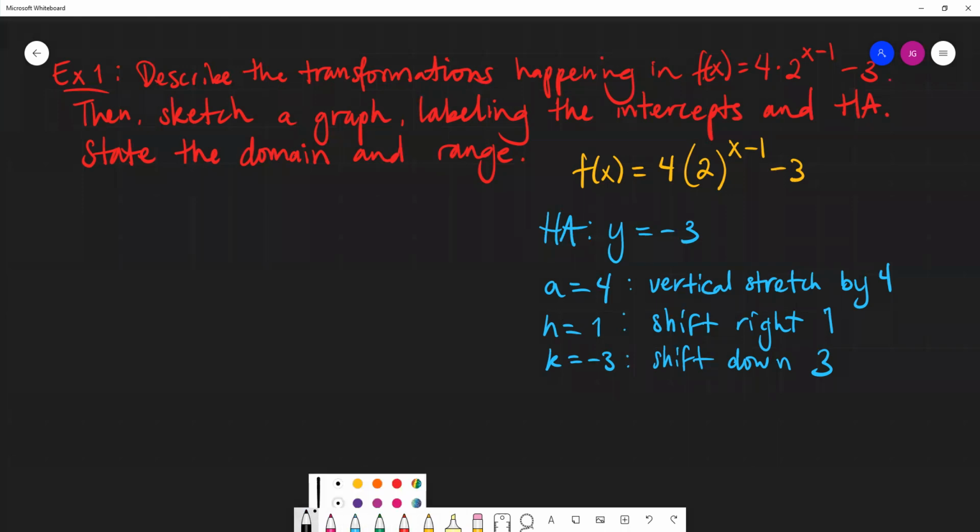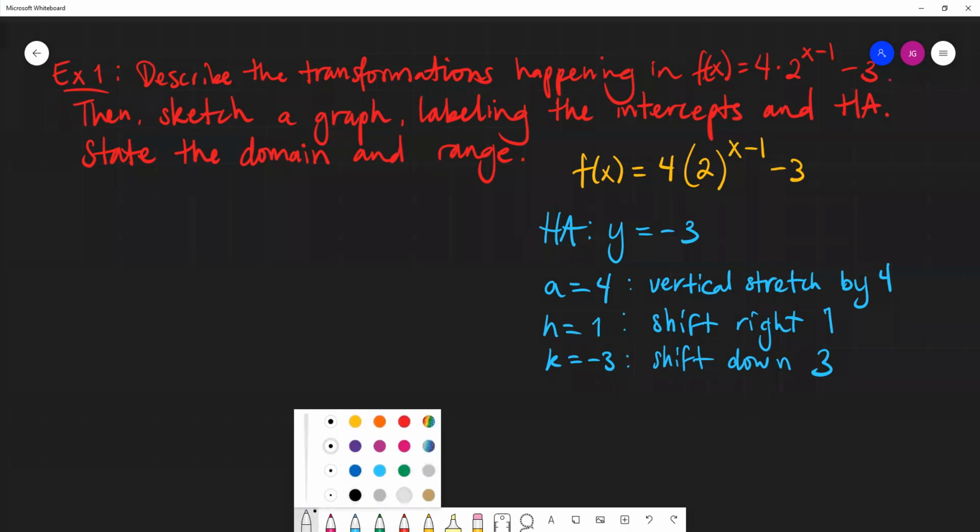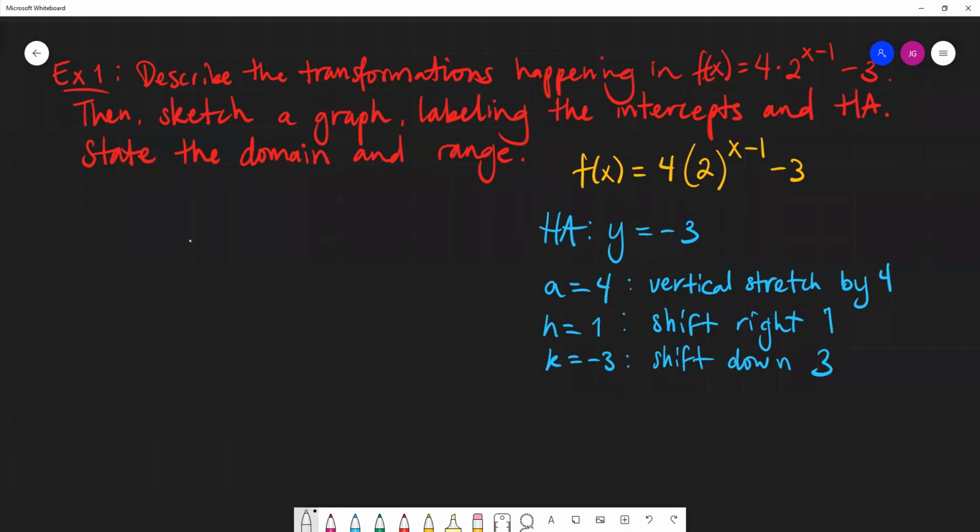I need my white pen so you can see. Okay, mostly decent. And so 1, 2, 3, 4, 1, 2, 3, 1, 2, 3, 1, 2, 3.